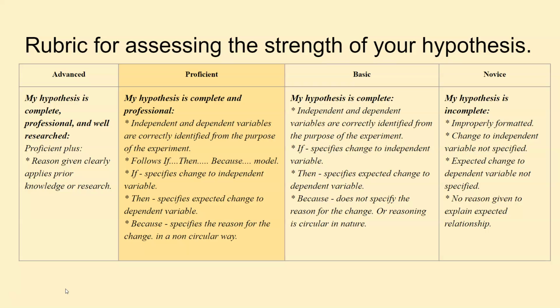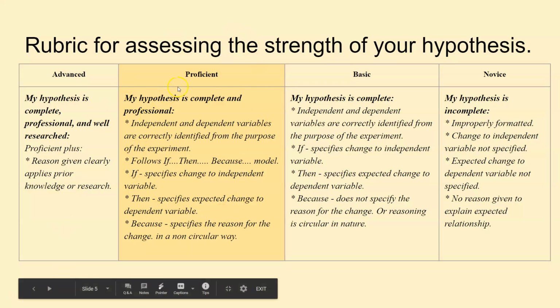Now, there's a rubric for assessing the strength of your hypothesis, and this is something I'm going to have you self-assess hypotheses with. You can see the proficient column over here is a little darker, and so this is where you should strive to be.